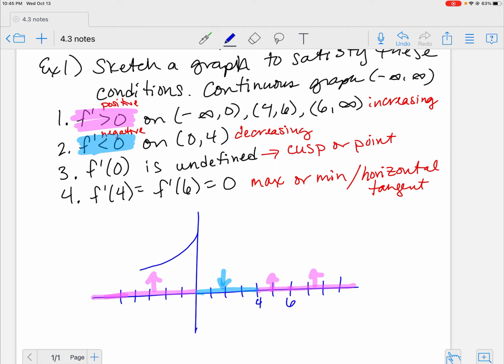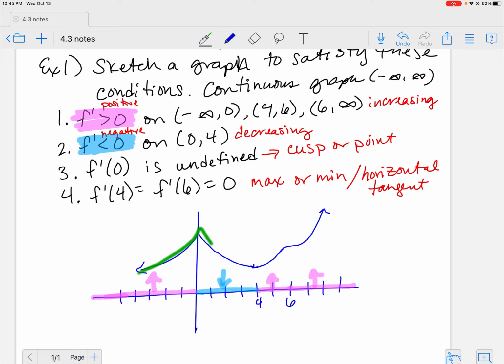So we're going to say cusp. And then I decrease all the way to 4, so I'm decreasing over here to 4. Then from 4 to 6, I increase again, and I know I also have a minimum there at 4. So at 6, I also have a horizontal tangent. But I'm still increasing.